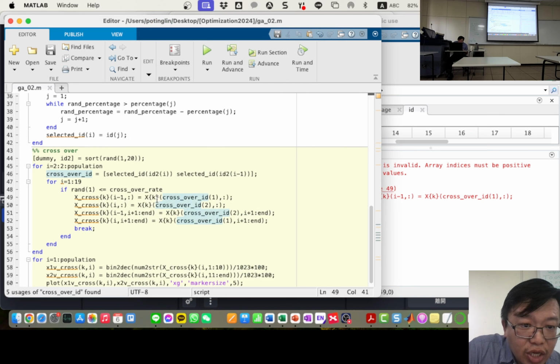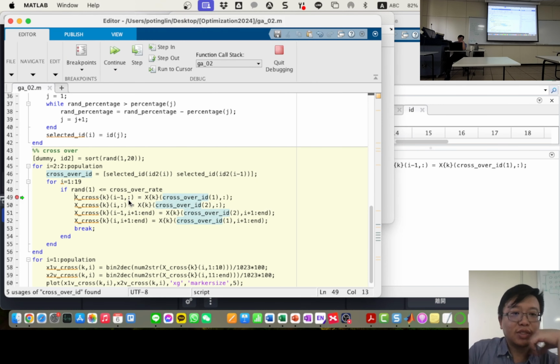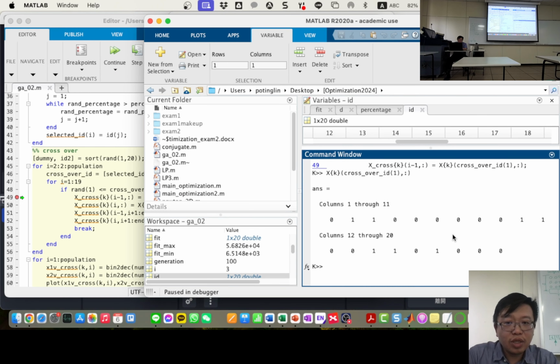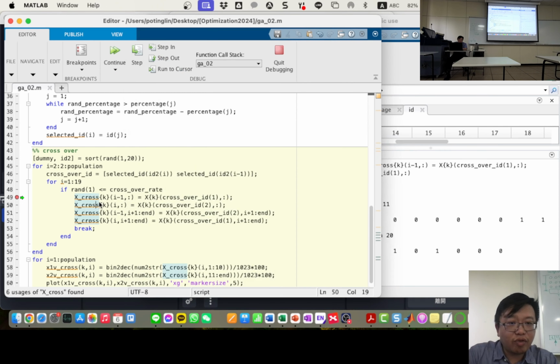Crossover ID. Let me see. This one is one of the chromosome.